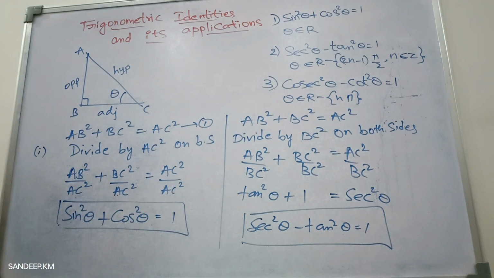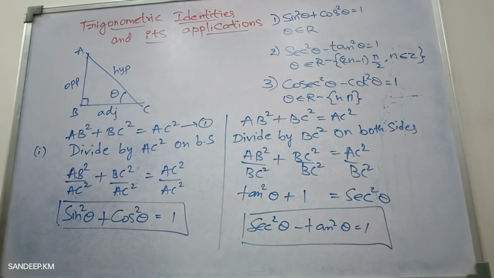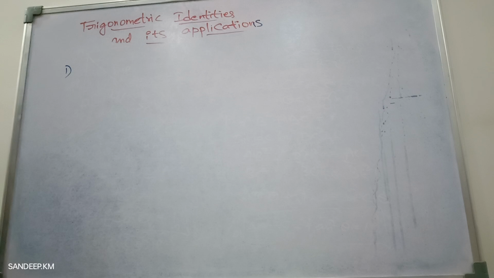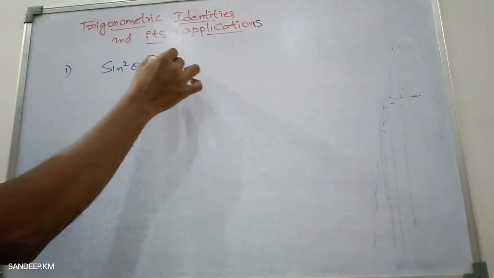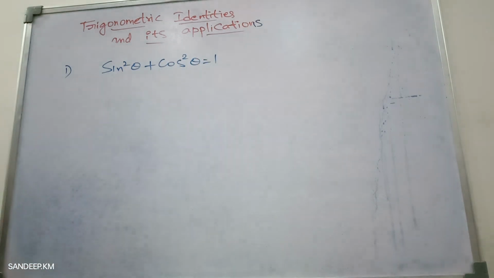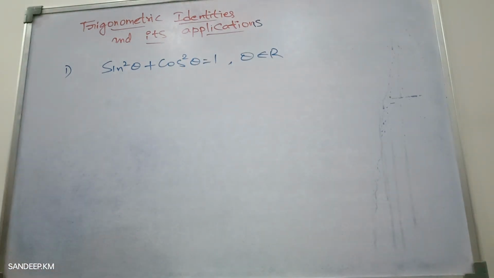Okay. Now, a few important points regarding these three trigonometric identities and how to use them in problems. Let us see it once. So, when it comes to sin square theta plus cos square theta is equal to 1, we know that theta can be any real number, of course. And while using it in the problems, please listen carefully.